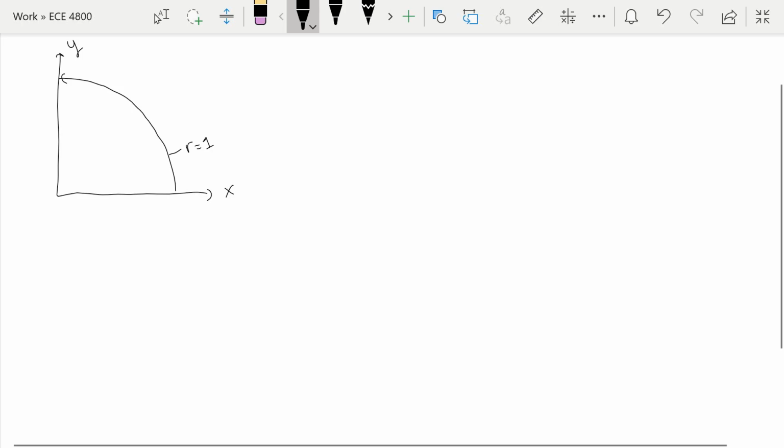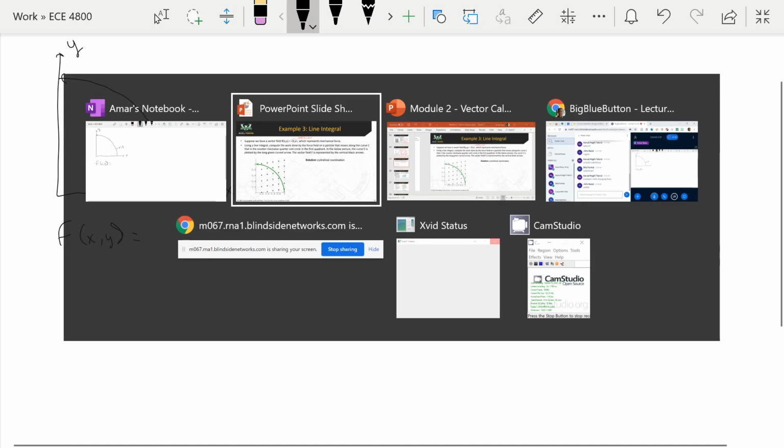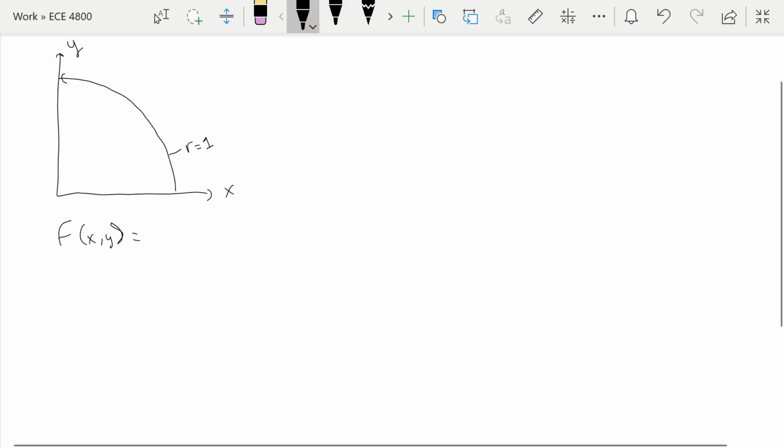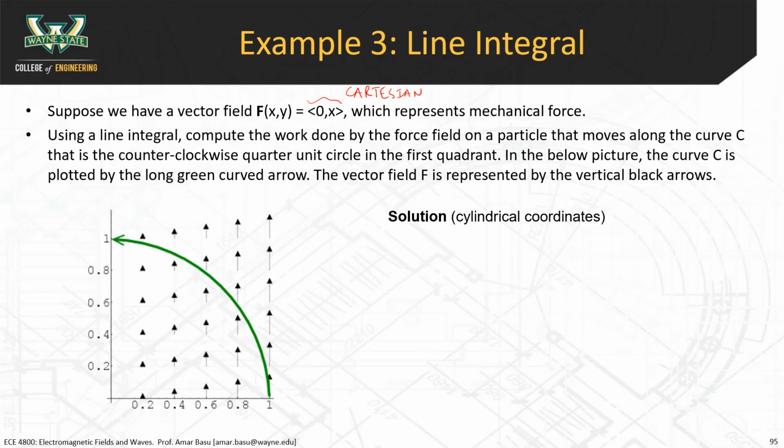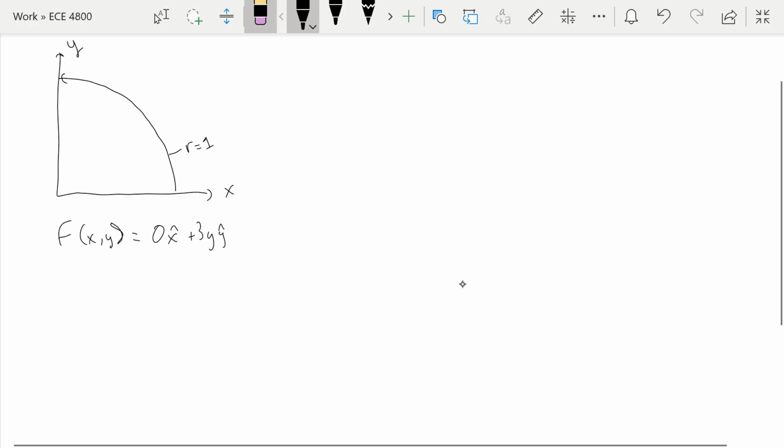And our F of x, y, the vector field, is 0 times x hat plus 3y times y hat. Oh wait, no, I got that wrong. The vector field is just x. It just has a y component, so x times y hat.